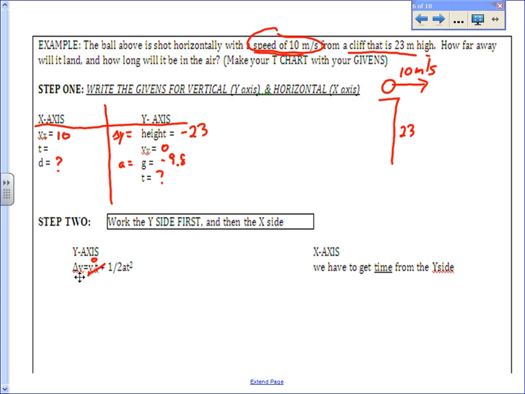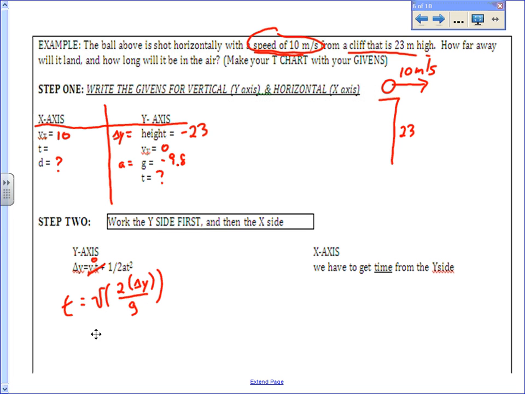And we're going to end up with delta y equals 1/2 times a times t squared. We're going to rearrange that formula for you. And to solve for t, it's going to be the square root of 2 times the delta y divided by g.